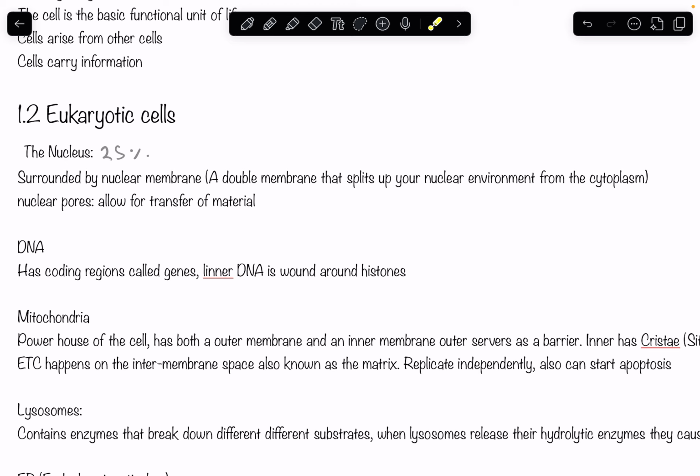But we do have something called nuclear pores, which is what allows for transfer of material. So things that are able to go to the nucleus will be filtered by the nuclear membrane, but be allowed to go in by the nuclear pores. As you can see, the nucleus is very selective.